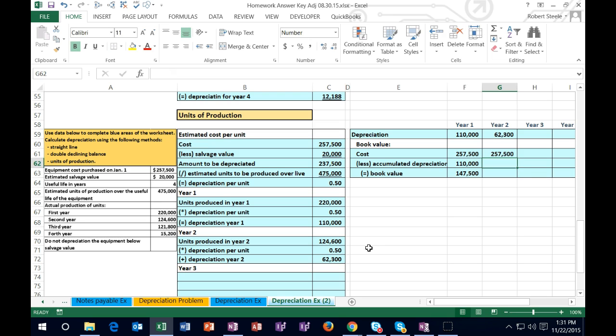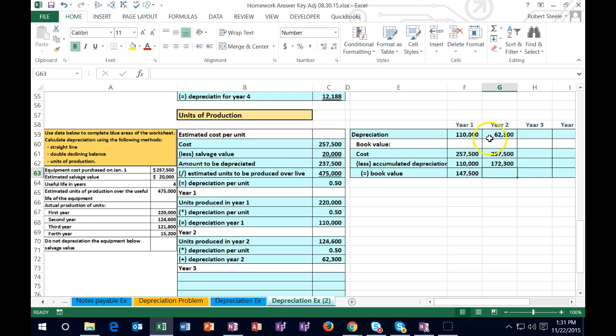The accumulated depreciation now is the accumulated depreciation over the life. So that's going to be the prior year's accumulated depreciation plus the current year's depreciation expense.